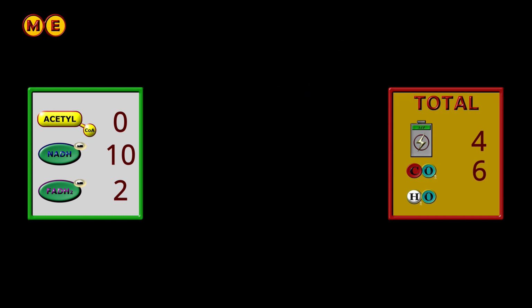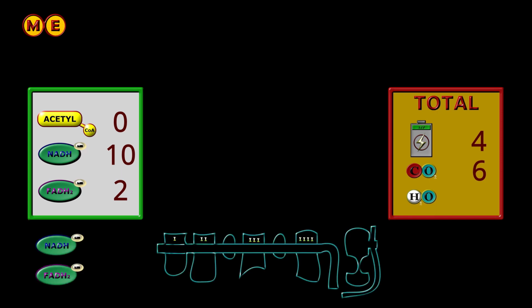As you can see, we already separated all 6 carbon atoms and turned them into CO2. We also made some ATP and we transferred all the remaining energy to the negatively charged NADH and FADH.